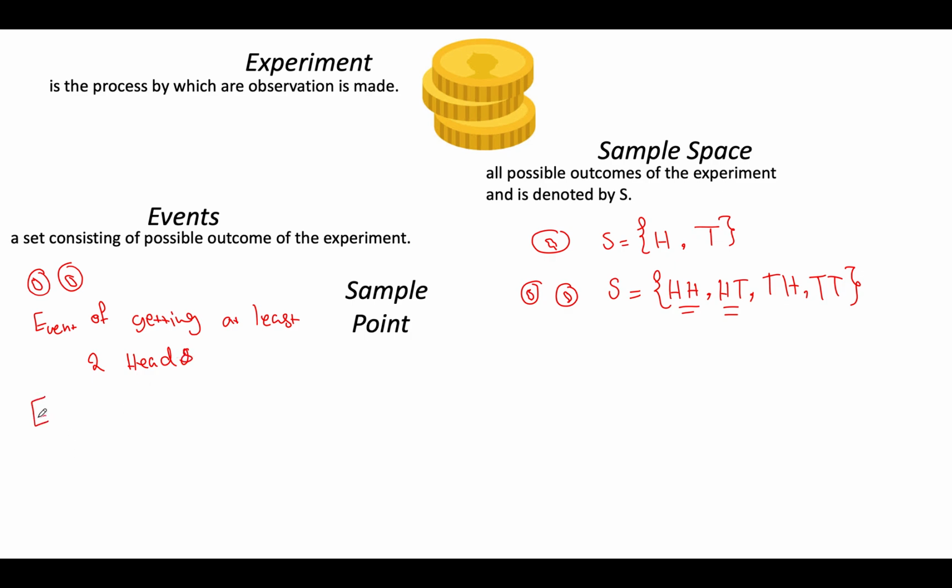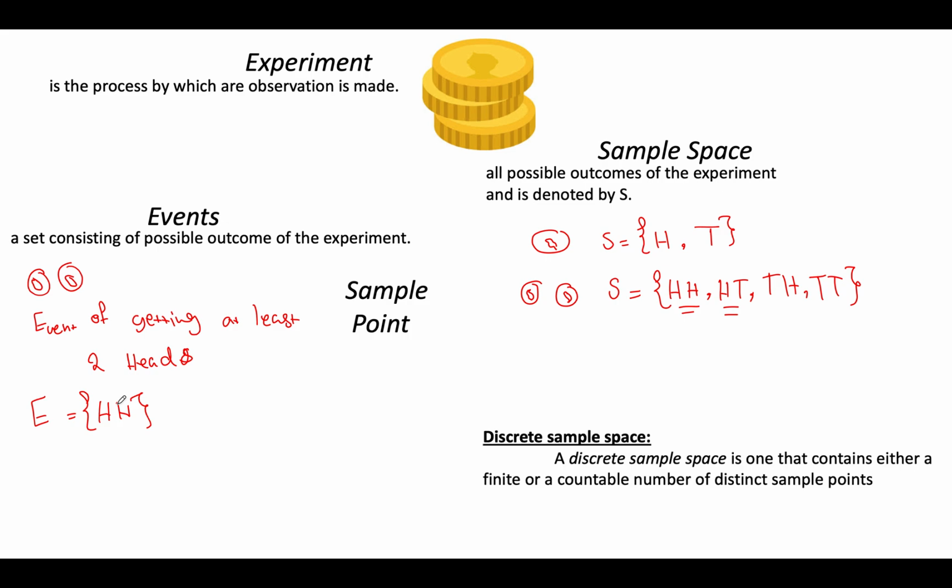This event asks what is the possibility of getting at least two heads. If I go to my sample space, the only possibility of getting two heads is head head. All right, so here we've got an event. An event is a set of sample points with a specific condition.